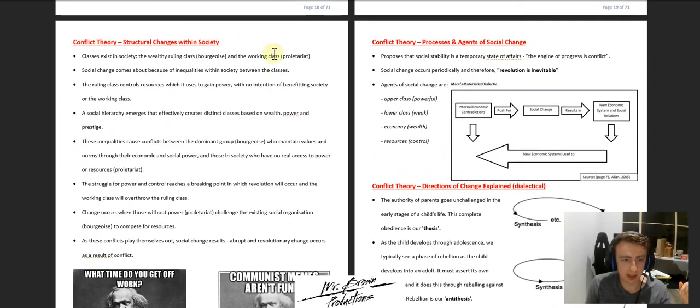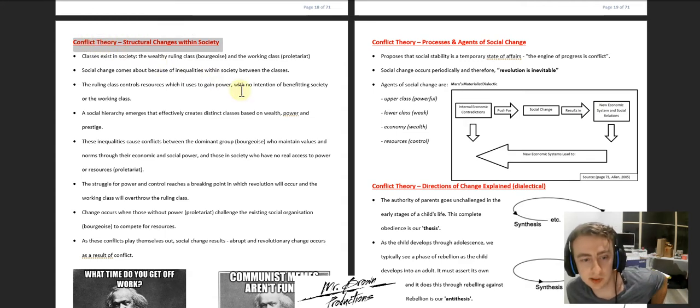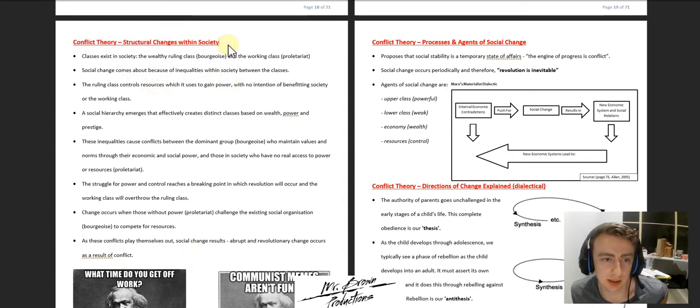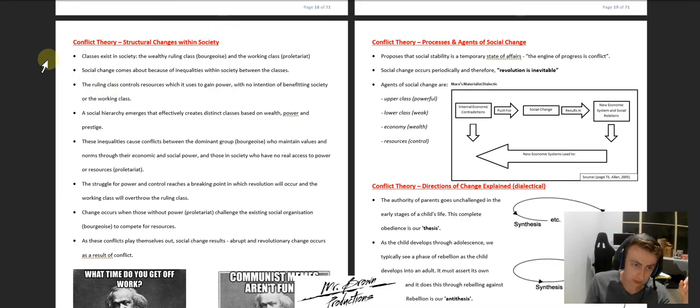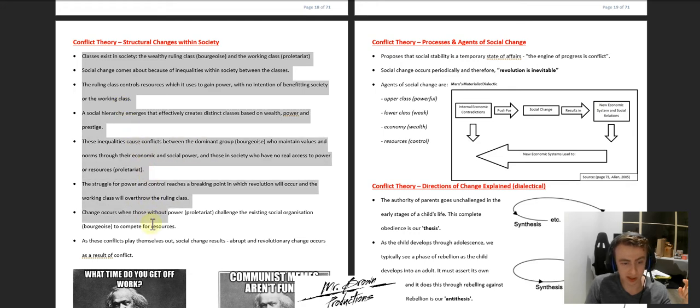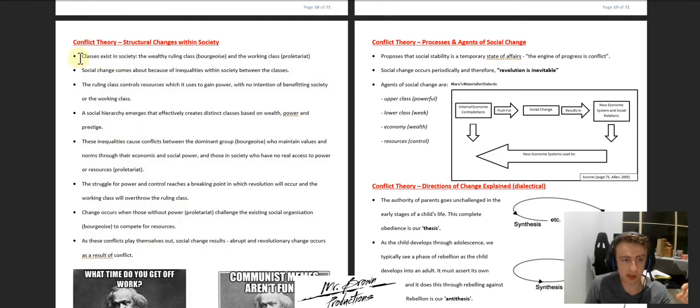Okay, so structural changes within society, which is this first little sub-dot point. So what this is going to look at, if you want to write a little side note here, is how conflict theory changes society. Okay, so we're looking at how it creates structural change. This here is almost how it plays out in order. So what I'd like you guys to do on this left-hand side here is draw an arrow that just goes all the way down here.